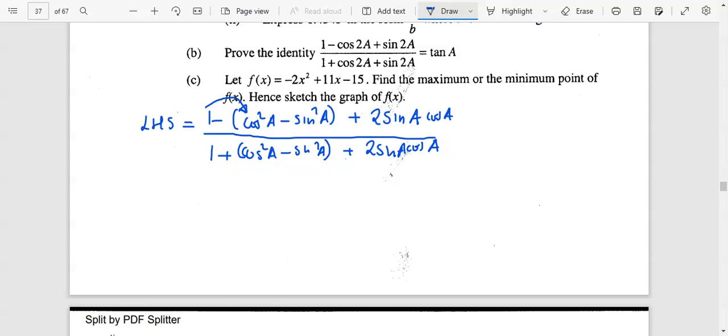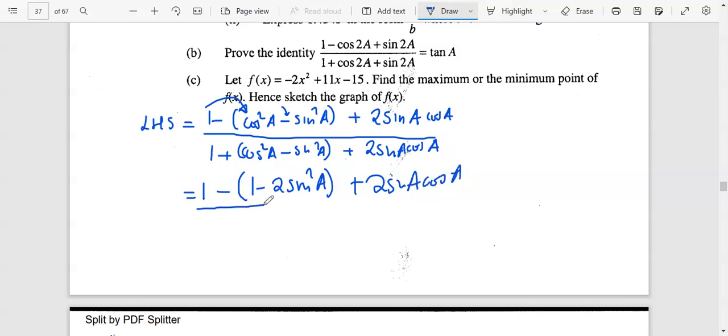It means 1 minus sin squared. So if I put 1 minus sin squared and then we have got another minus sin squared, we're going to have 1 minus 2 sin squared a. This is the identity for cos 2a. Then plus 2 sin a cos a.